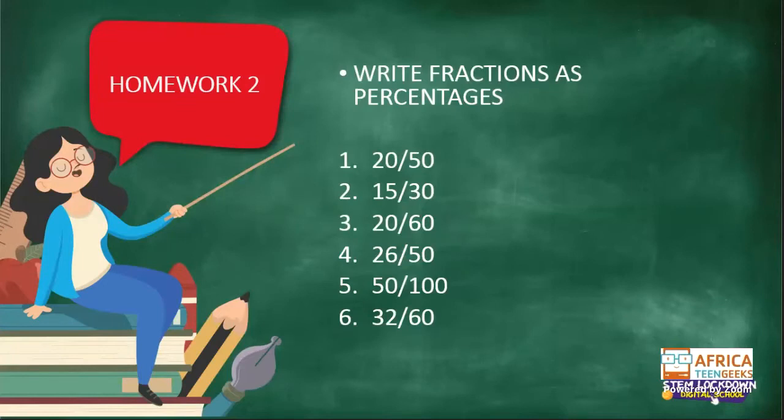All right, so the correct one will be 33.3%, or it will be 33%. 33% is the correct answer. Because if you look at 20 over 60 and you put it in its simplest form, it is 1 over 3.